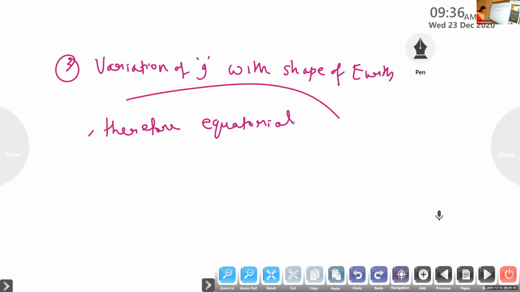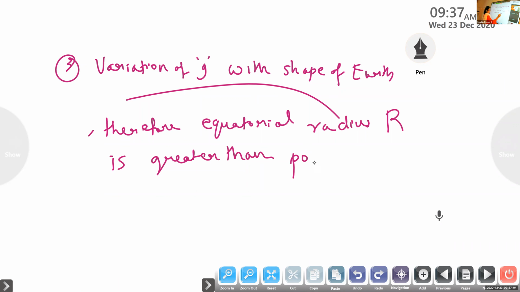So its equatorial radius R is greater than polar radius.